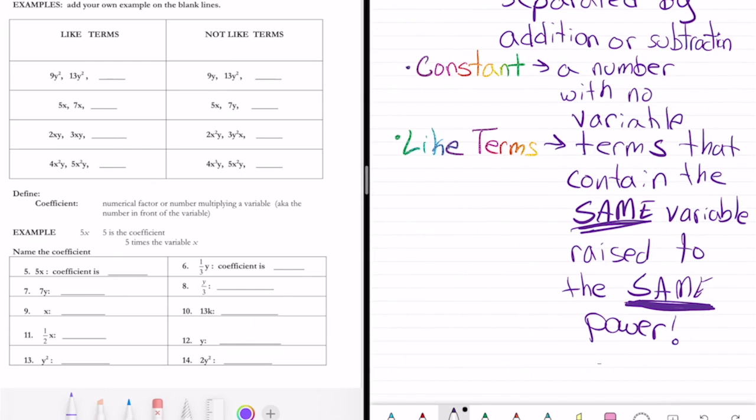And I put an exclamation point because that's super important. Those 2 words, same.